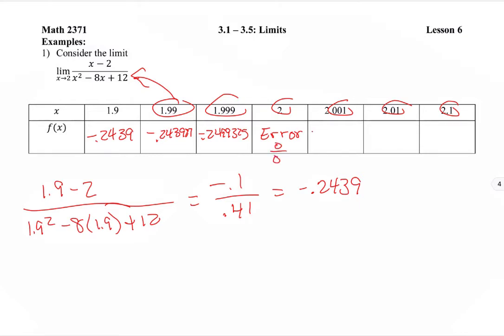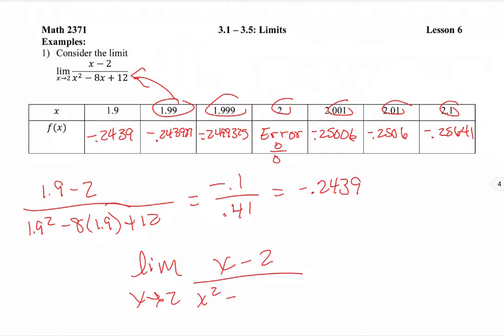Here I get negative 0.25006, here negative 0.25006, and here I get negative 0.25641. So what all of this shows me is that the limit as x goes to 2 of x minus 2 over x squared minus 8x plus 12 is approximately negative 0.25.